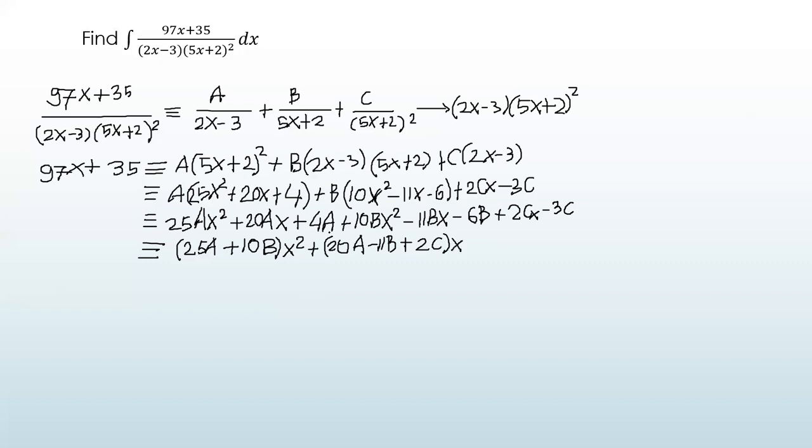And without x, they are 4a, minus 6b and minus 3c. This equals 97x plus 35.